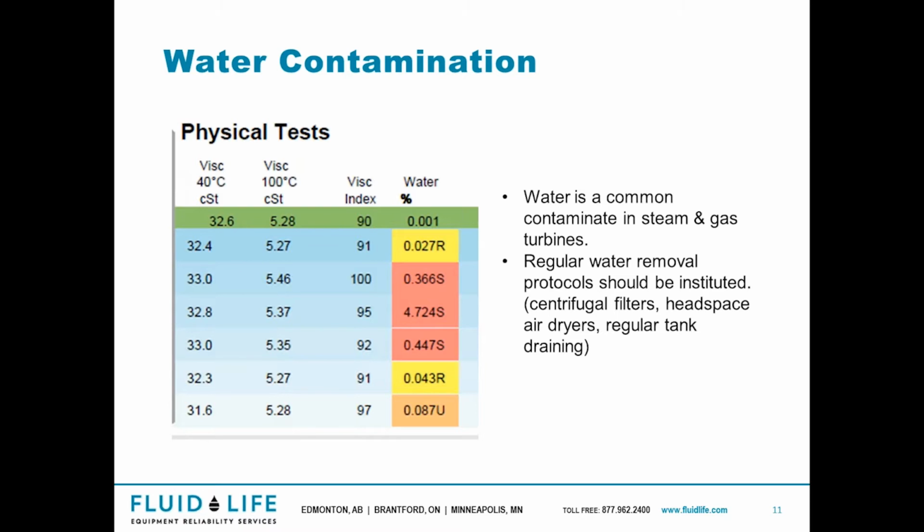Whether you have centrifugal water filtration or separators on your tank, a headspace air dryer which blows warm nitrogen across the top of the headspace to draw solubilized water out of the oil, or just regular tank draining. If you have a large reservoir, you can just drain the tank regularly, once a week, twice a week, to get rid of a lot of that water that has settled out at the bottom. And that can become a regular PM just to get rid of that water as much as possible.